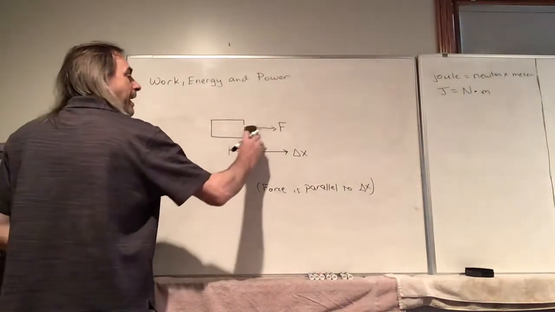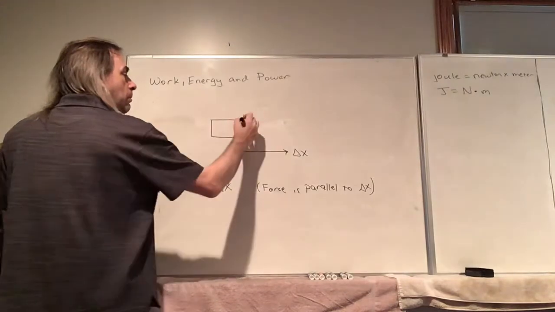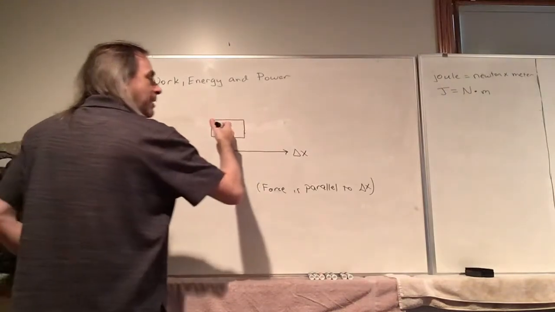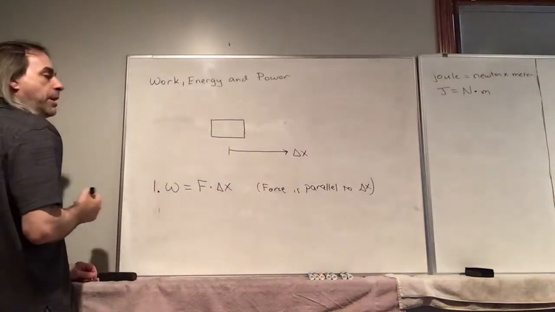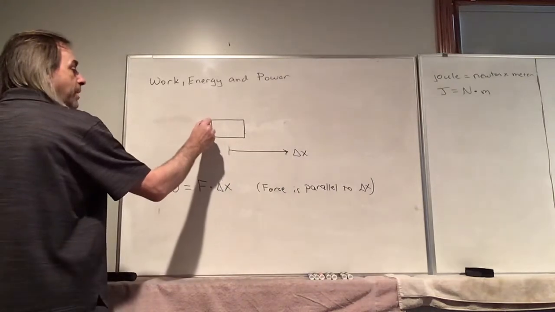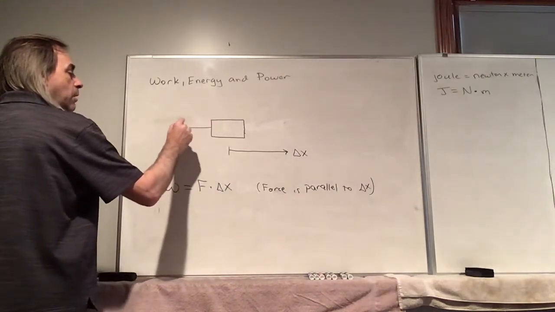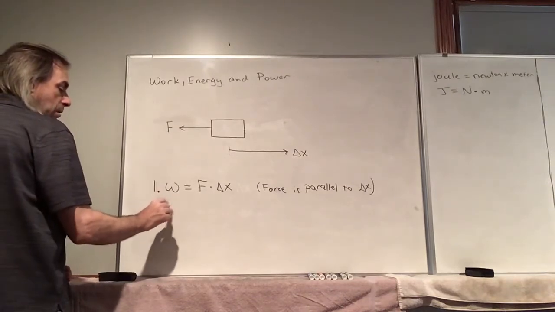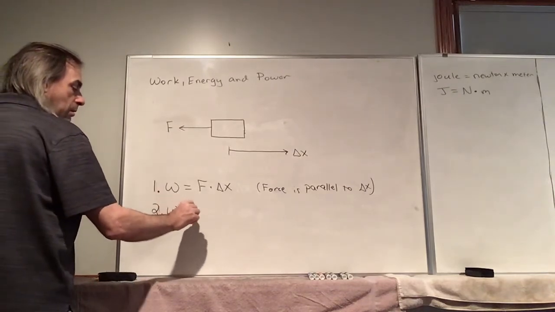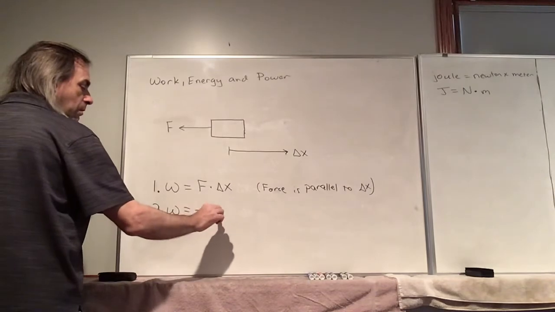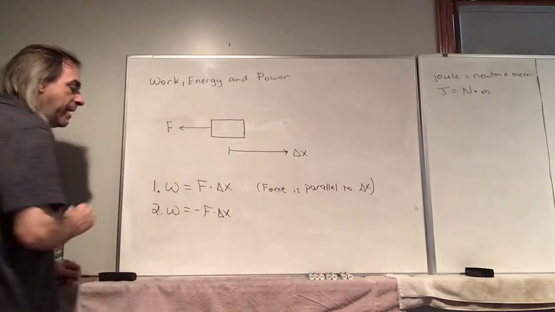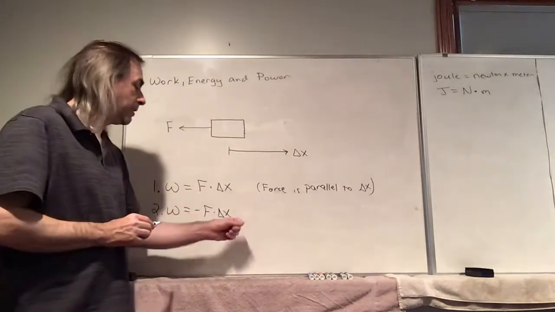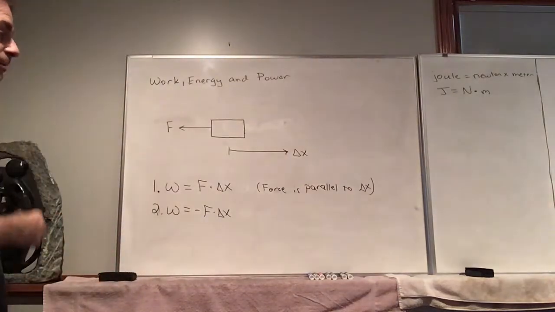Now let's consider case 2. In all these cases, the displacement is going to be, say, to the right. So for case 2, the force is to the left. And in that case, we say work is minus the force times the displacement.